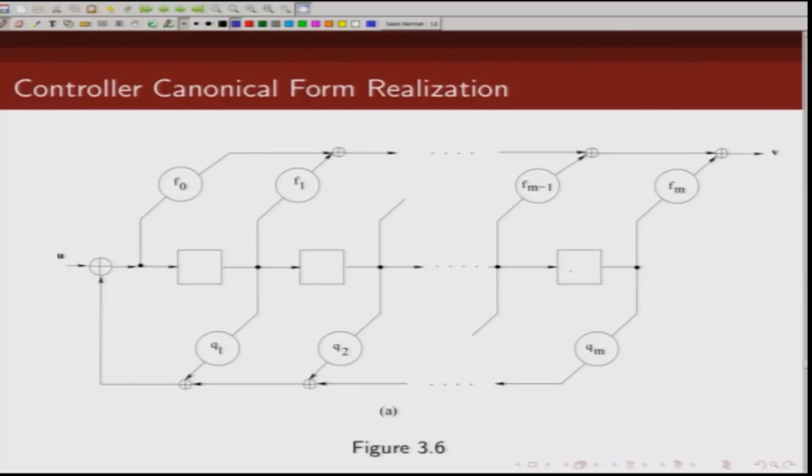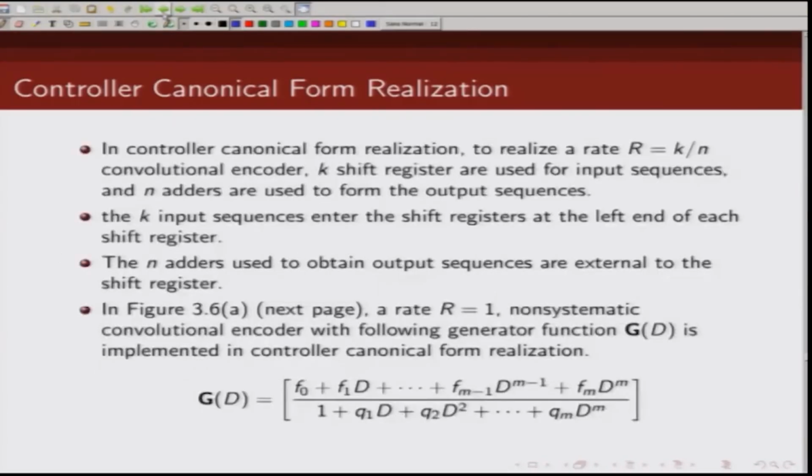Basically, if this is the mth delay element, this will be fm d^m. Similarly, you go back and look at the denominator. We have 1 plus q1d plus q2d square, like that.